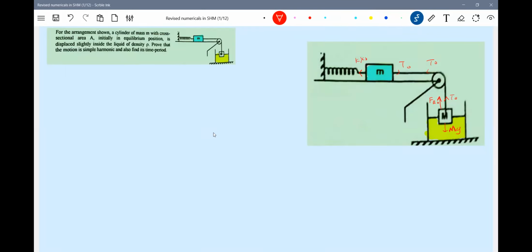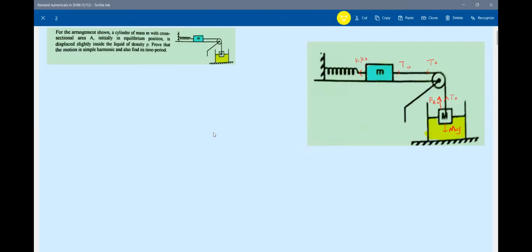When I pull this block a little bit vertically down, the buoyant force will increase. The spring will get elongated further, so additional spring forces will be acting.